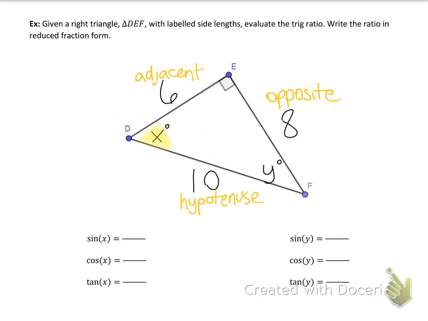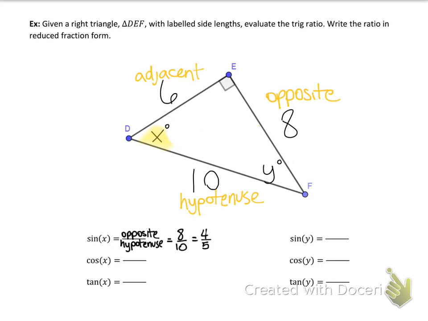So then the sine of angle x is equal to the opposite over the hypotenuse, which in this example is equal to 8 over 10, which we can then further reduce as 4/5. So ultimately then the sine of angle x is equal to 4/5.